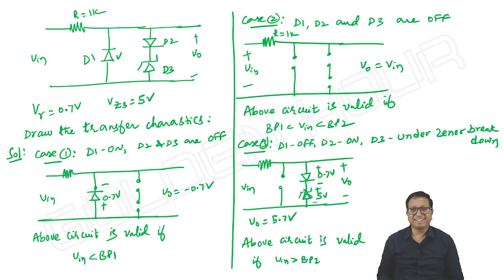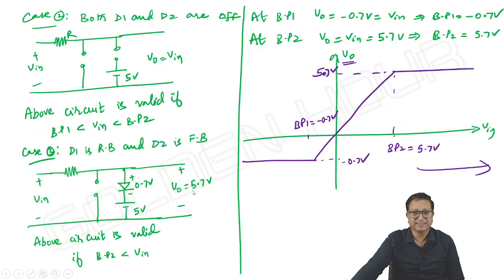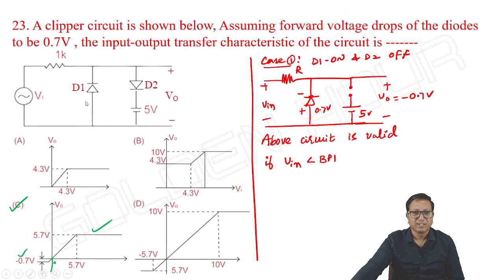So if you observe, these three cases are the same as the previous ones we have studied, not this circuit. Even though you have a GNR diode, its characteristics are the same as that of this one. In this circuit, instead of D1 I kept a GNR diode whose breakdown voltage is 10. Next, in the third one, instead of 5 volts I kept a GNR diode whose breakdown voltage is 5 volts.